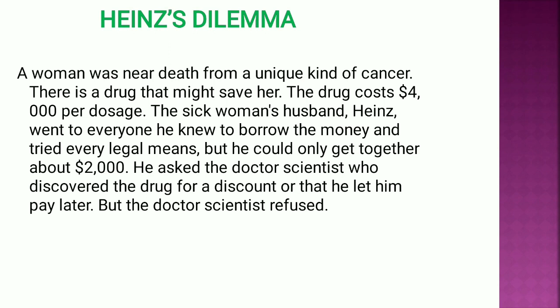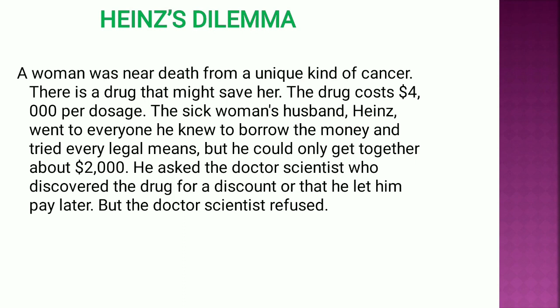There might be a drug for saving her, but the drug costs $4,000 per dosage. The woman's husband, Heinz, went to everyone to borrow money and tried every legal means, but he could gather only $2,000. So there is a shortage of $2,000 for saving his wife.